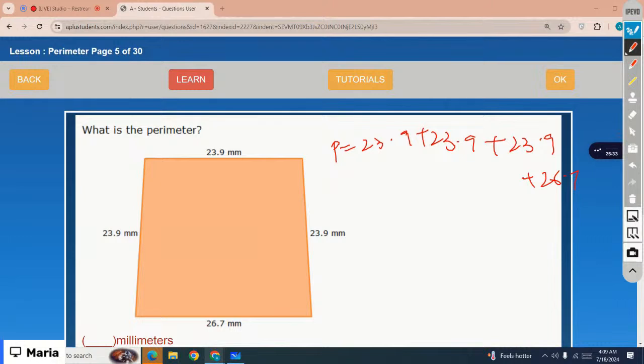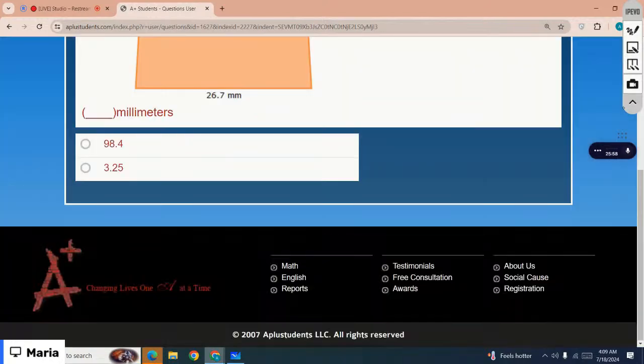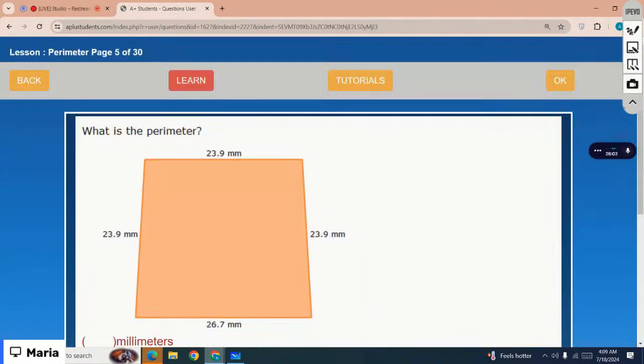Let me just add. That is 23.9 plus 23.9 plus 23.9 plus 26.7. That is 98.4. Got it? The correct option is 98.4. Option number 1 is the correct option, right?